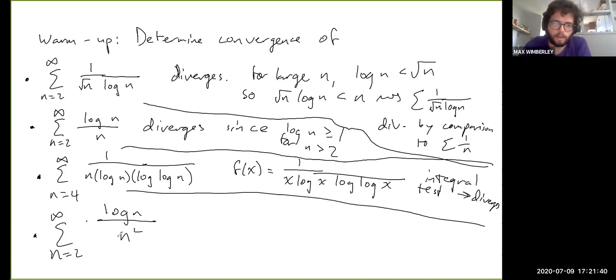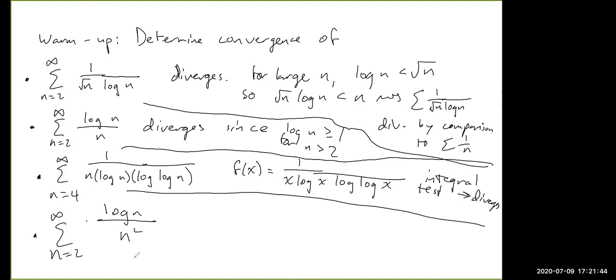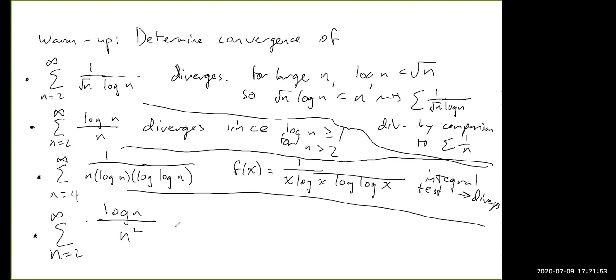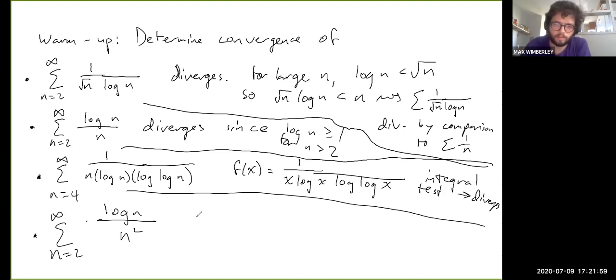But yeah, so what about this one? What did you guys say for this one? Converge. Yeah, actually, it should converge. So what did you use to get that? I said because log of n is less than the square root of n. Yeah. That's probably how I would do it too. So log of n is less than the square root of n for large n.